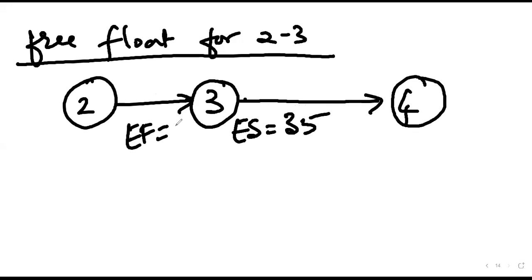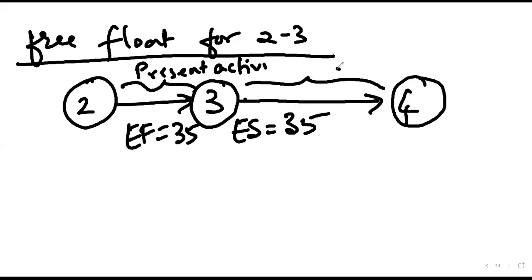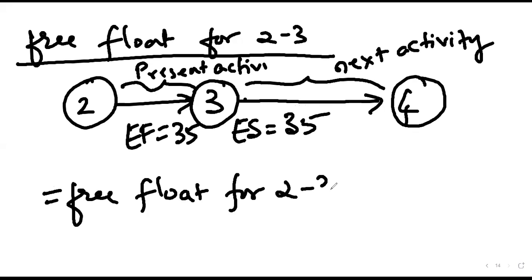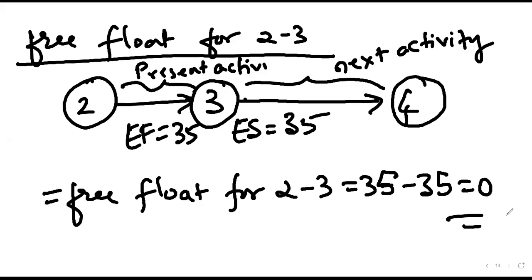And early finish for 2-3, 35. Okay, both are 35 itself. This is called the present activity, and this is called the next activity. So free float for 2-3 is equal to 35 minus 35. Answer is 0.